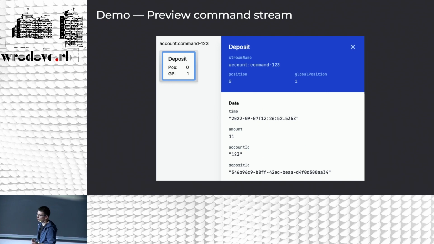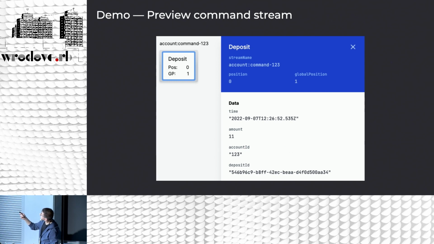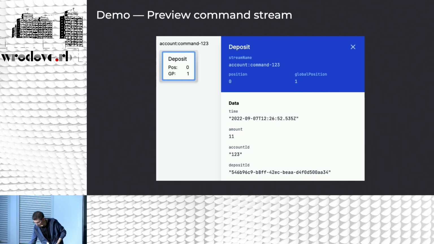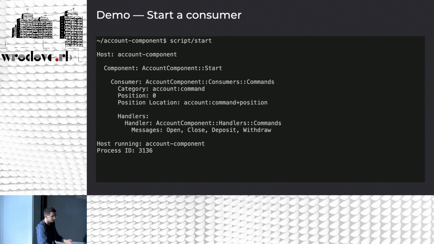Right now we just have one command stream. And there is the command that we've written, the deposit command. When we click on this rectangle, we get all the details of that message. All right. So we've written a message and nothing happened.